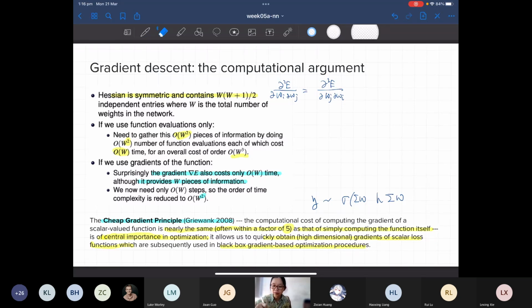So y sub k is this function of w_ji x_i. Okay, something like that.